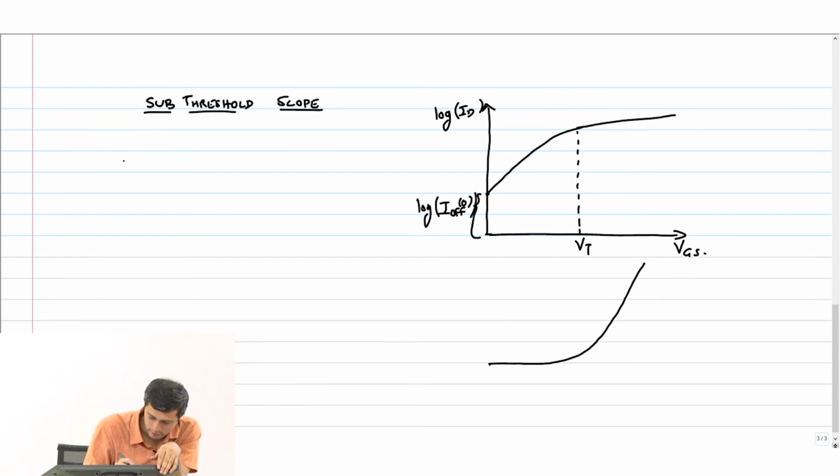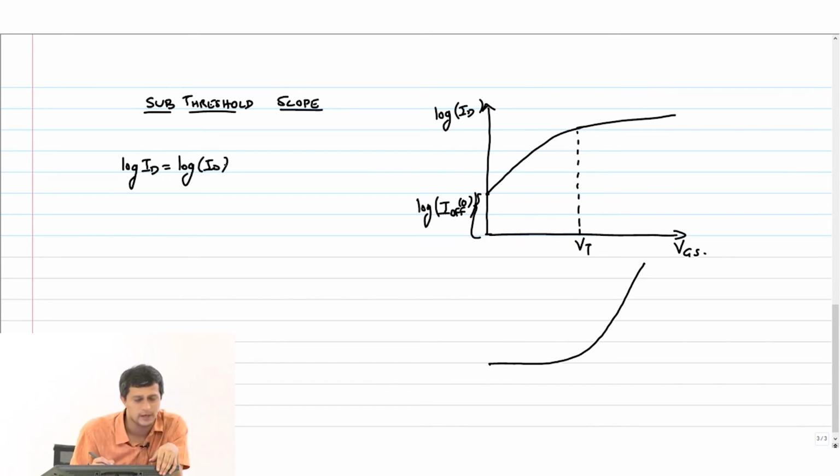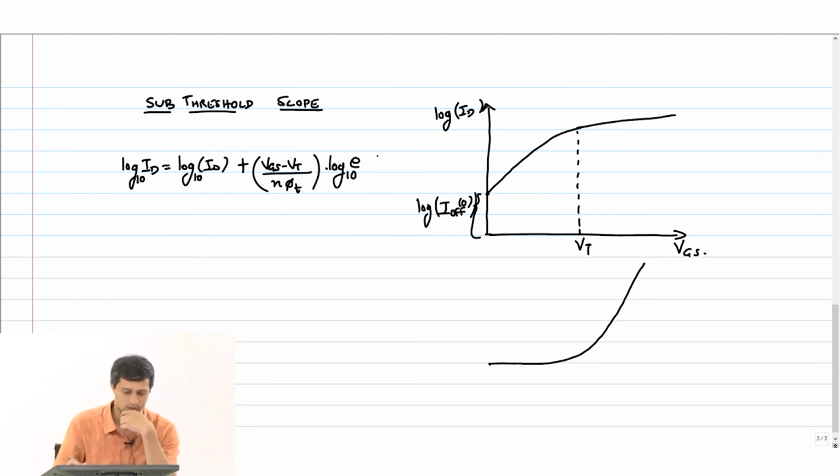Okay, so therefore first let's write down log of ID equals log of I naught, okay, and plus, and I will say everything is log to base 10, by the way, okay, not ln, plus (VGS minus VT) by n phi t into log to base 10 of e, okay, plus whatever some other terms that are there.